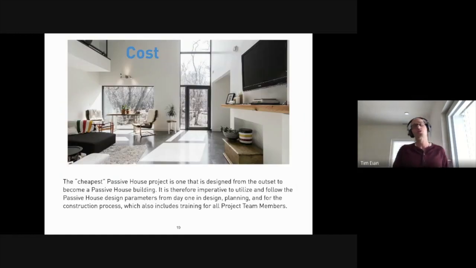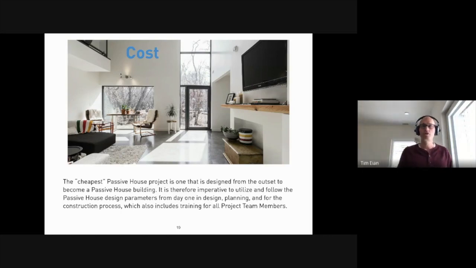Cost. The first question I get from anybody is, how much does a Passivhaus cost, or how much more does it cost, or how long until I make my money back? There are umpteen different ways to answer. The main takeaway from my experience with that question is that the cheapest Passivhaus is always the one that is designed from the outset to become a Passivhaus.